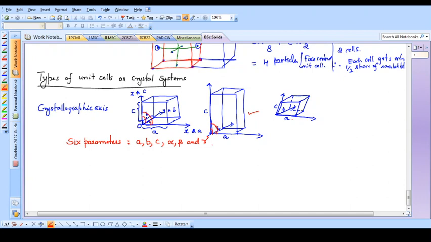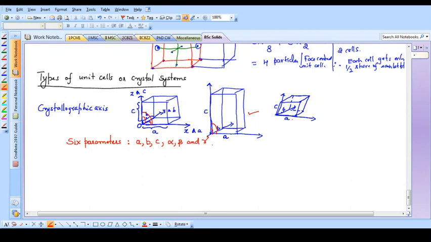If I take a substance or a compound, and if I try to crystallize the compound and obtain it in the form of a crystal, the unit cell inside the crystal can be one among 7 types of unit cell. It cannot be any other type of unit cell other than the 7 which we are going to discuss.